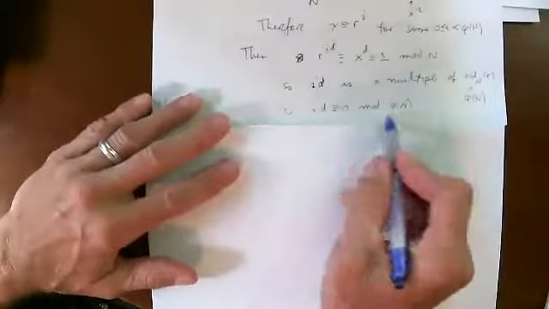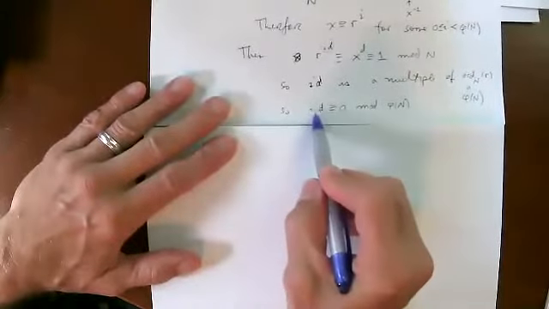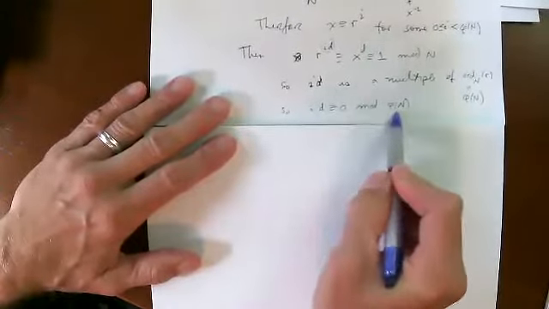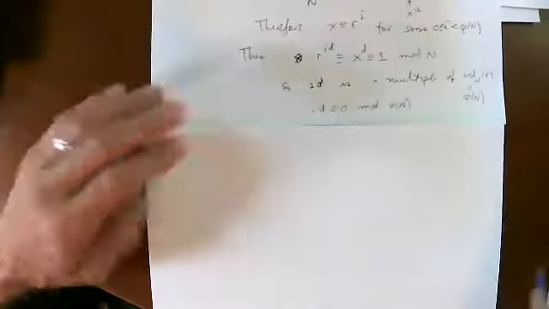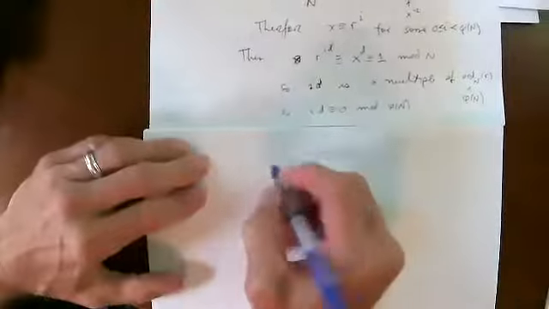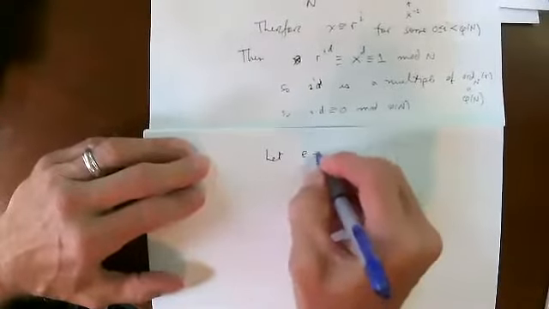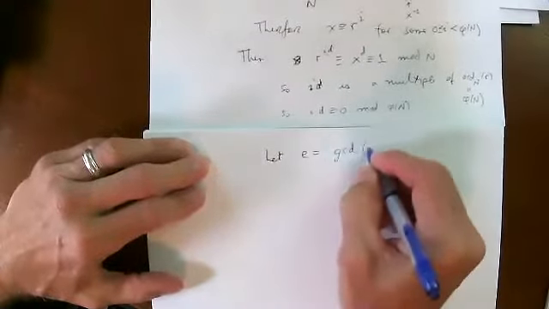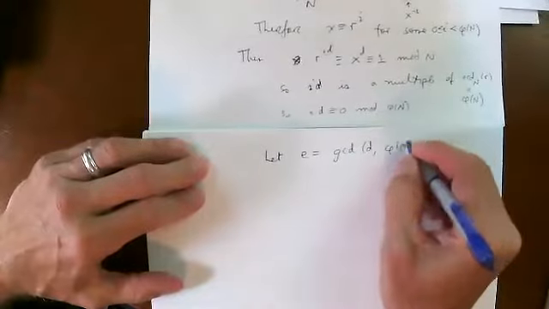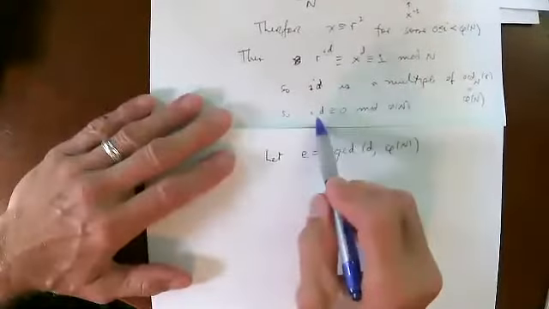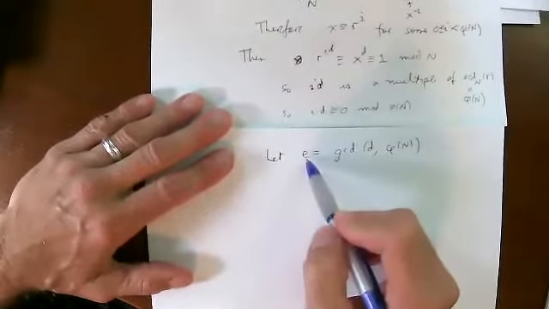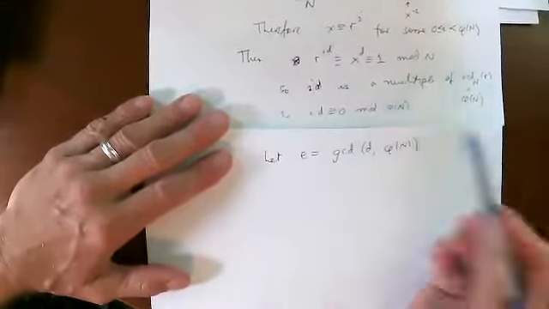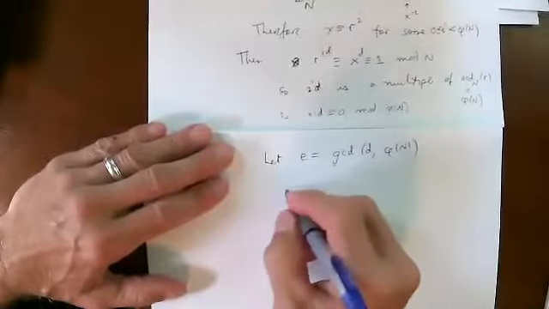So then what could I say in this case? Well, you're saying that i times d is a multiple of phi of n, so why don't you throw away whatever common divisors you do have. Let e, say, be the GCD of d and phi of n. Then if I divide both sides of this congruence by that e, I have to divide phi of n by that e as well.